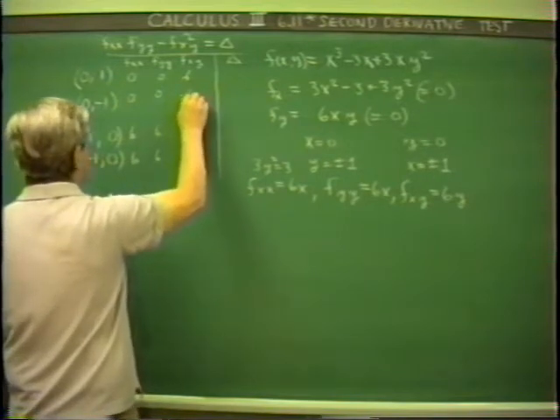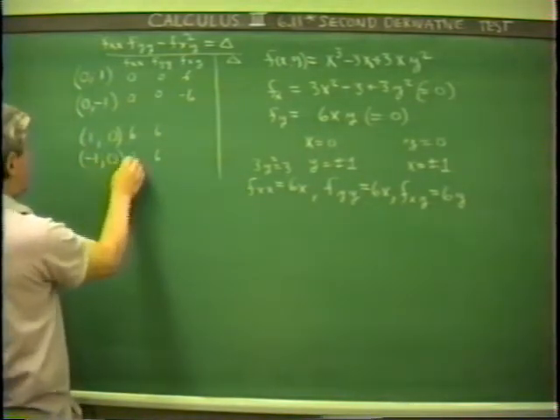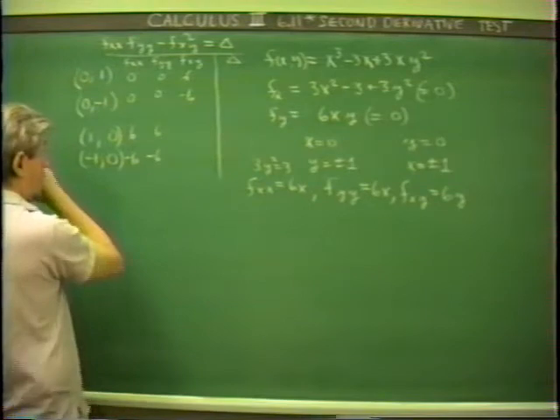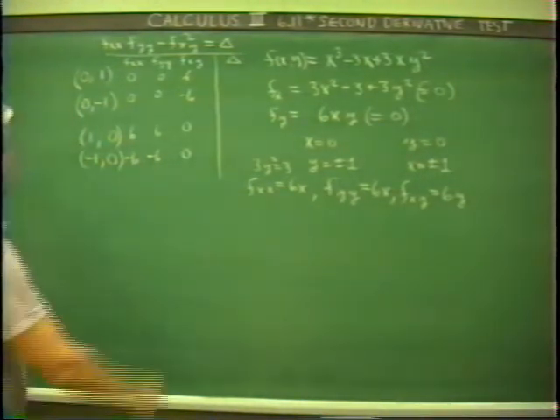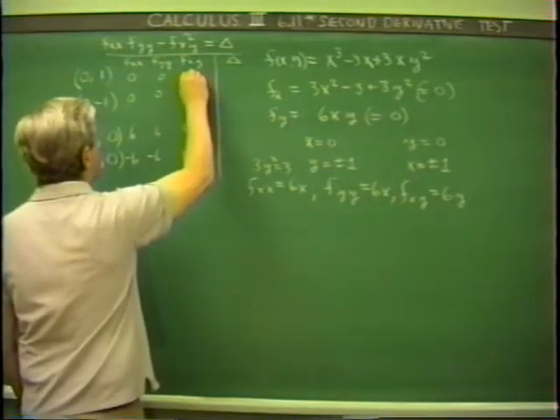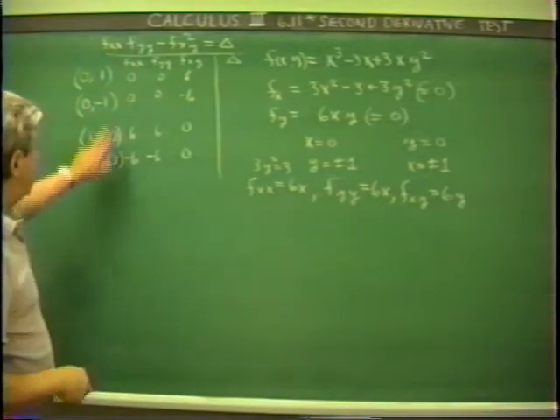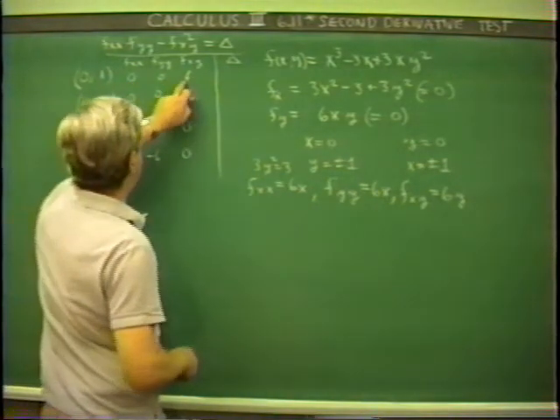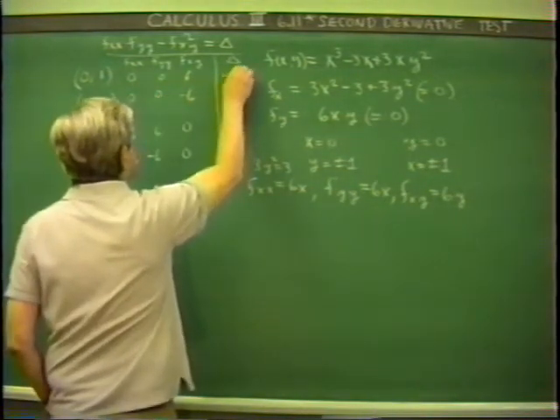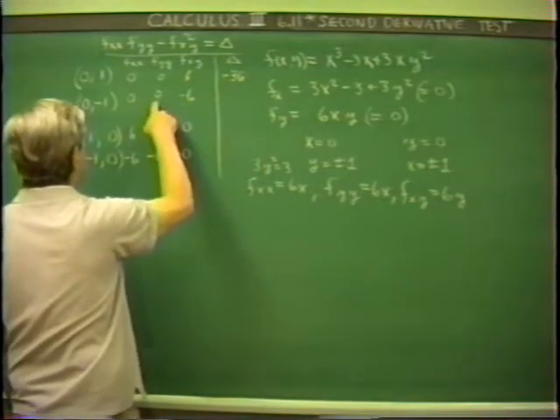Partial with respect to x and then with respect to y is the y value here, so it's going to be 6, minus 6. Oops, this should be the x value, so it should be minus 6, minus 6, 0, 0. Okay, 6 and minus 6 and then 0 and then 0.